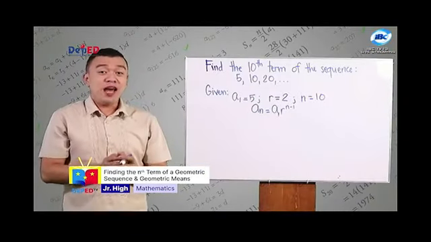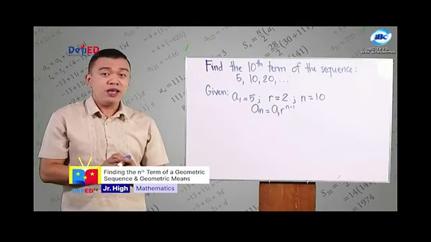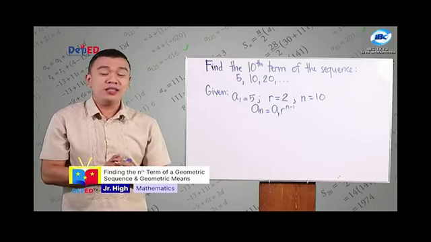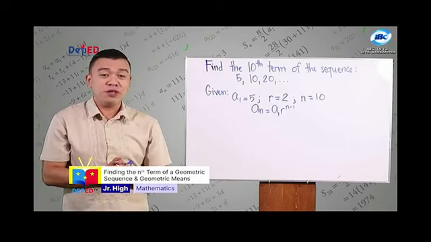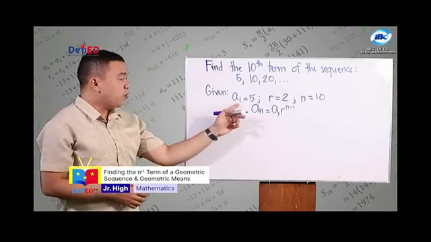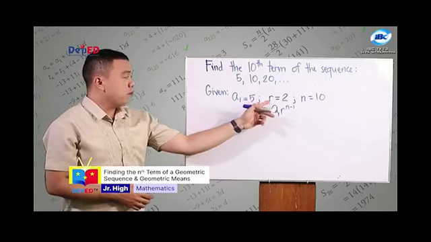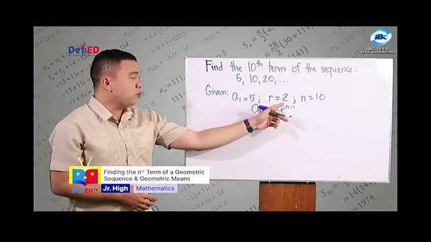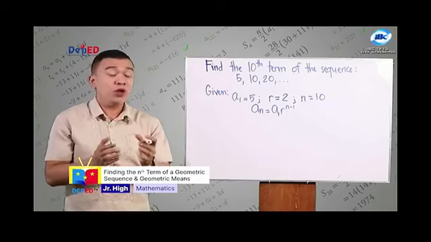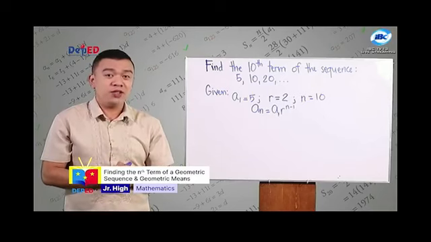Using the sequence 5, 10, 20, and so on, let's use the formula to find the 10th term. Given a sub 1, or the first term, is 5, the ratio is 2, and n is 10. Again, we are looking for the 10th term.